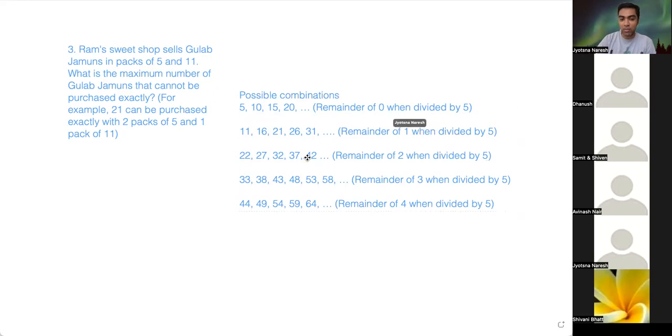So can we use this information to figure out the maximum number that cannot be purchased exactly? Right now we're looking at the ones that we can, but is this useful to find the maximum that we cannot purchase exactly? Particularly, does this help us know whether the maximum has a remainder of 0, 1, 2, 3, or 4?